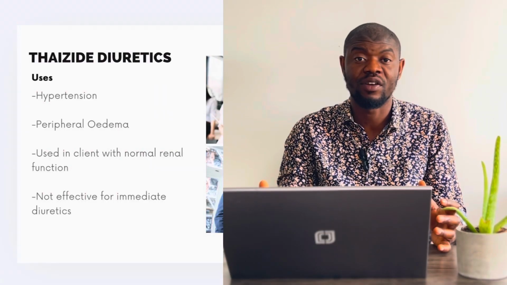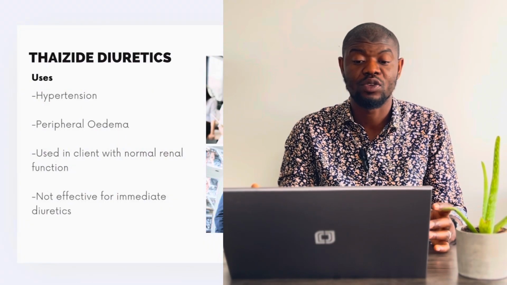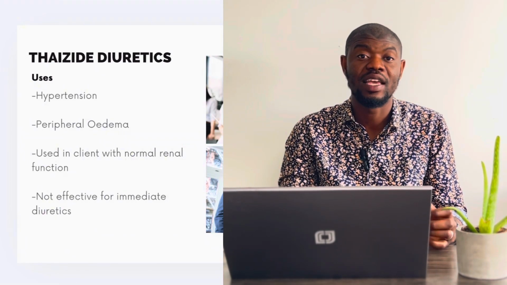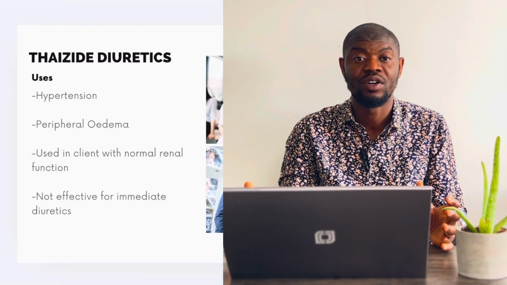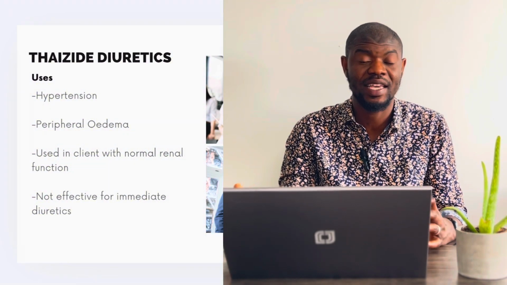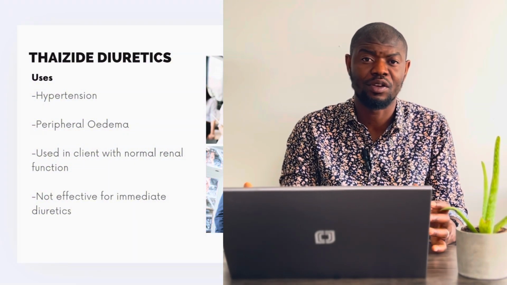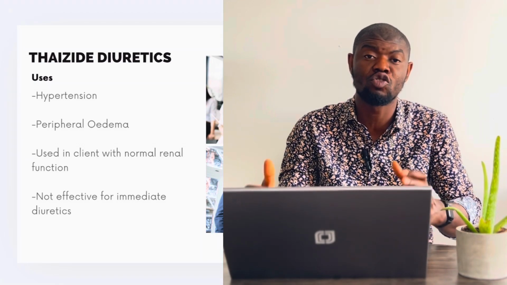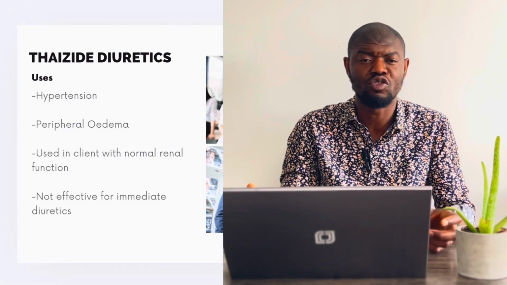Now, in what patient group do we usually use thiazide diuretics? We are looking at patients who have hypertension, those with peripheral edema. We also use them in clients with normal renal function. Some medications, because they are secreted or they work on the kidneys, when the kidneys are not functioning well, you want to use them with caution.